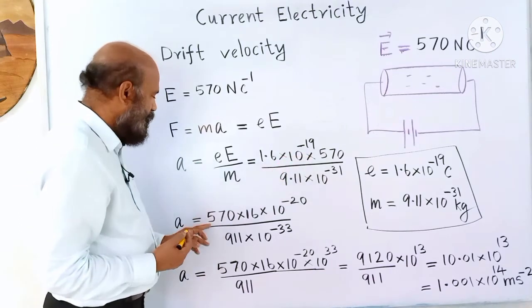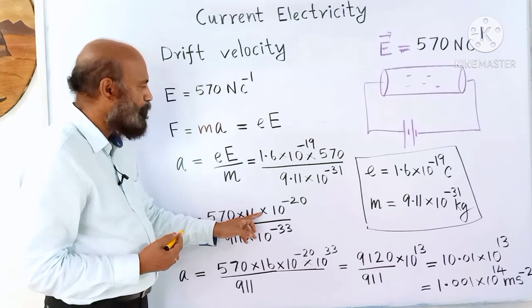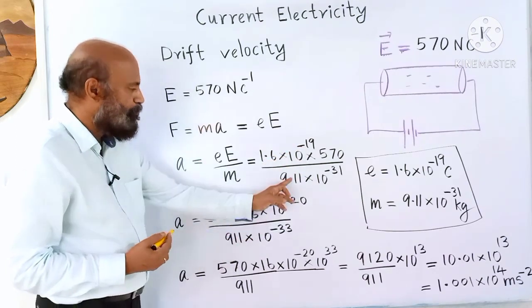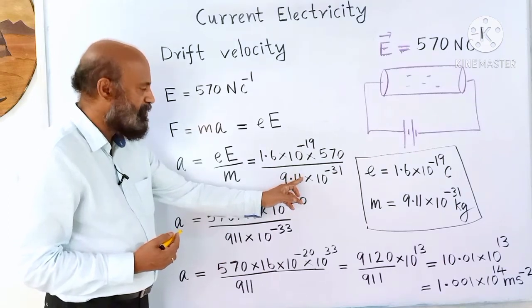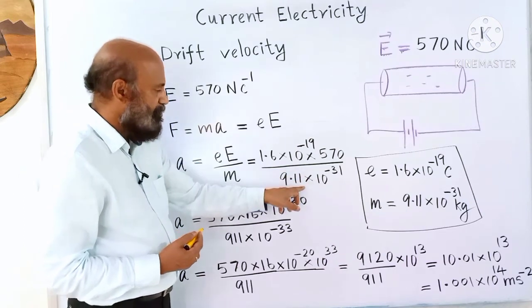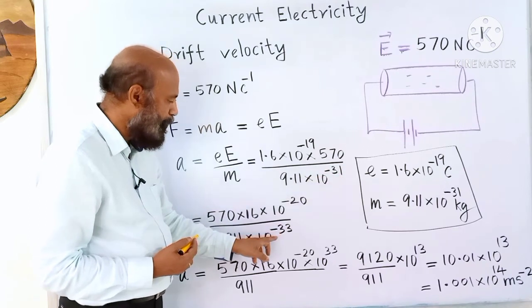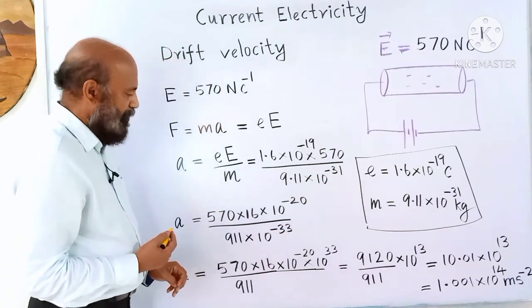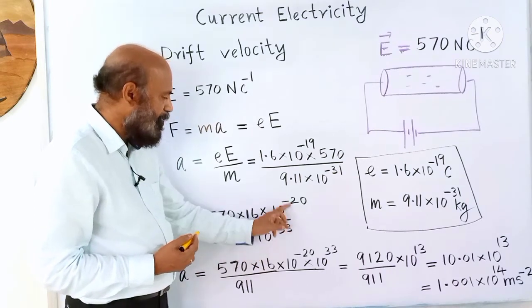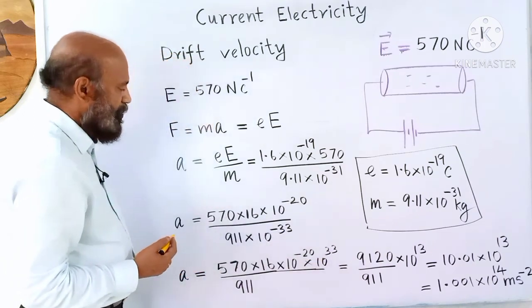Now 570, move the decimal point 1 digit to that side, so the power will become minus 20. Here you move the decimal point 2 digits that side, so the power minus 31 will become minus 33, which becomes 10 raised to 33.